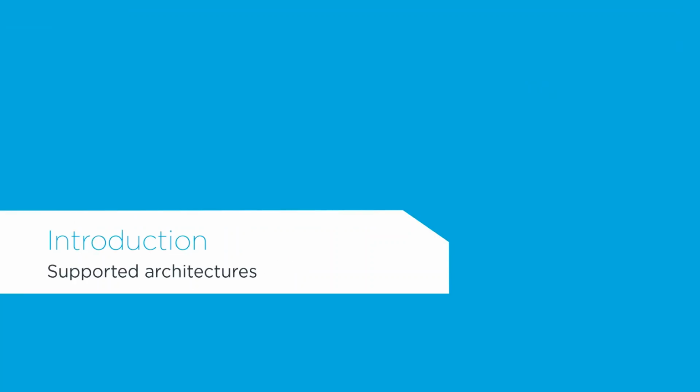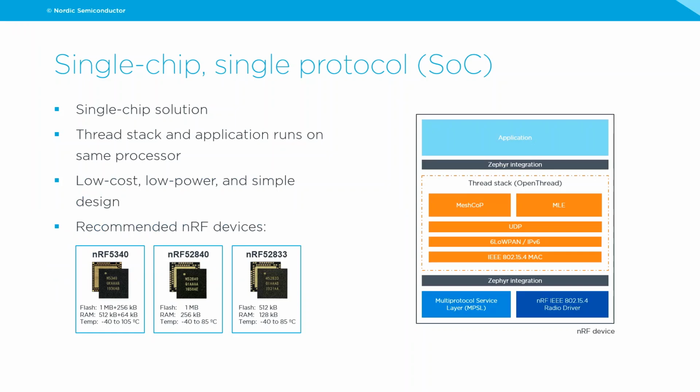So let's talk now about the platform designs and recommended devices that you can use for them. First, your product can be built on the simplest one that we call single chip, single protocol architecture. In this design, the application layer and the Thread stack run on the same processor. The application uses OpenThread and IPv6 APIs directly.